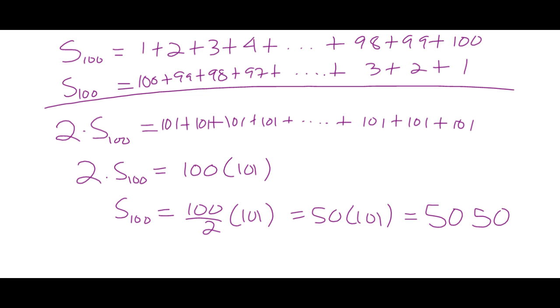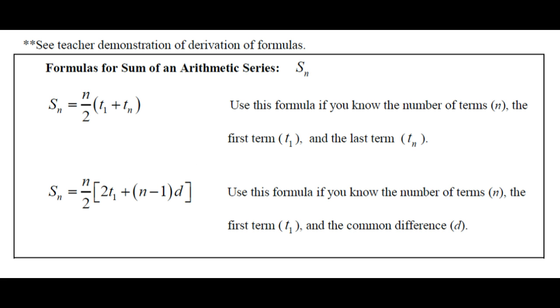And that's what gives the formula, which is on the other page, because I inserted it afterward. It's n over 2, times t sub 1 plus t sub n: first term plus last term.